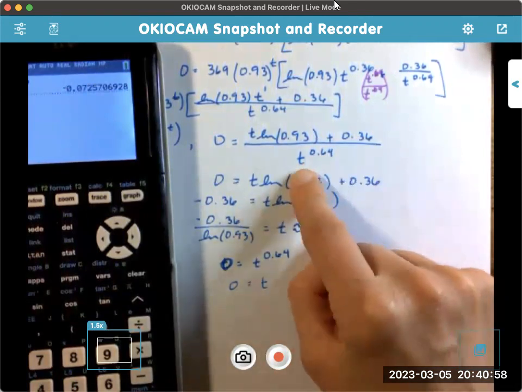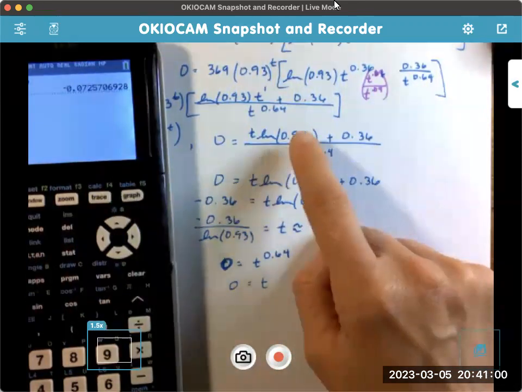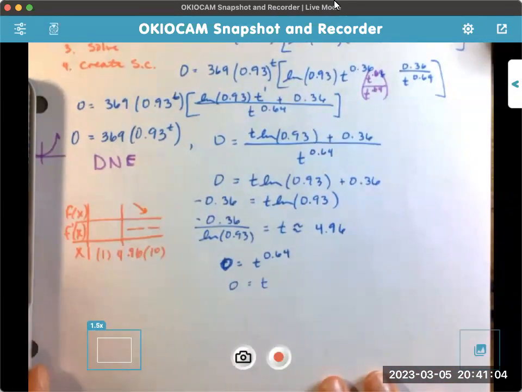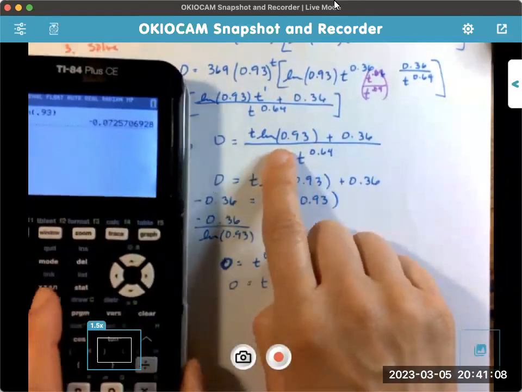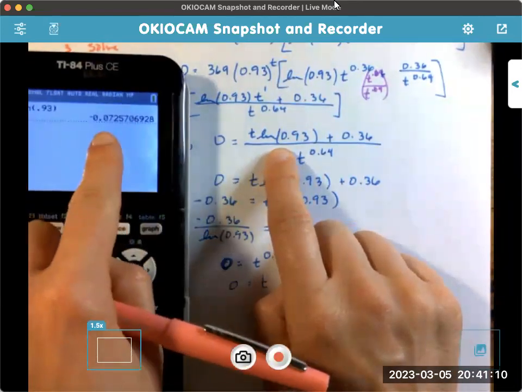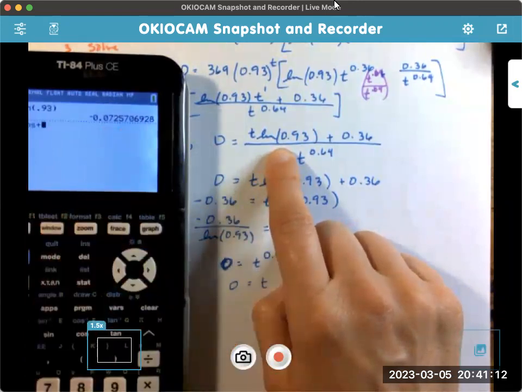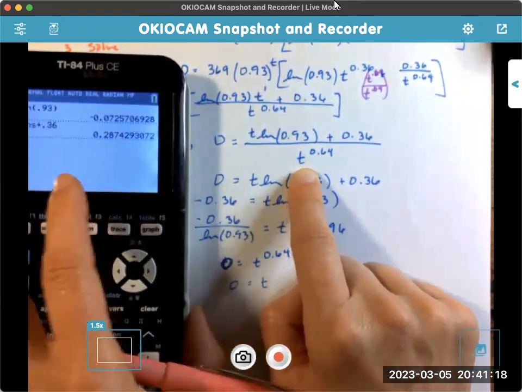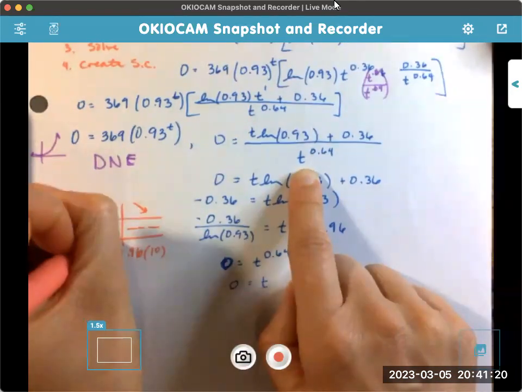Okay, so that's going to be a negative plus a positive, a small positive, right? 0.36 divided by a positive. So that's an overall negative. We're going to be decreasing. So then if I pop in 1, well, notice this number plus 0.36 is a positive, divided by 1 is a positive.